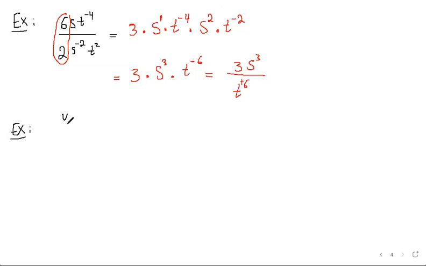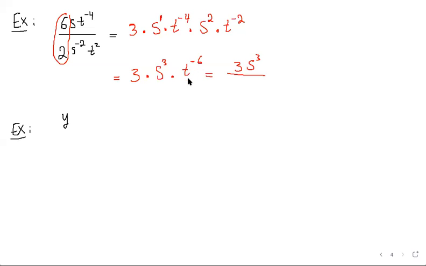Is there a reason why you put the t on the bottom? Yes, why the t in the bottom? Okay. So again, look at the t. What is the sign of the exponent for the t? It is negative 6.